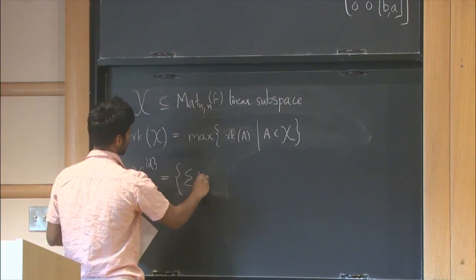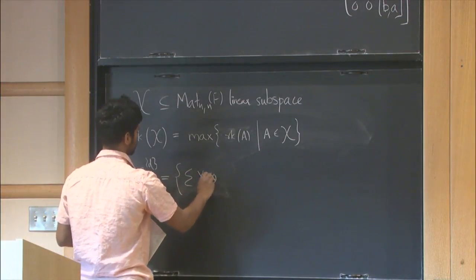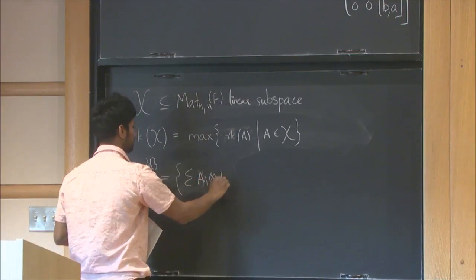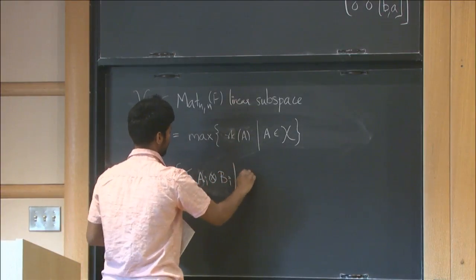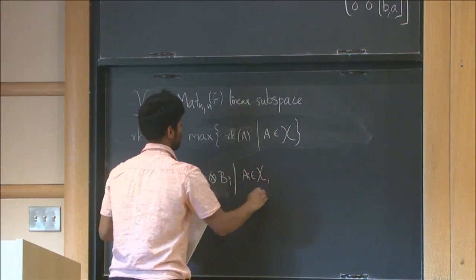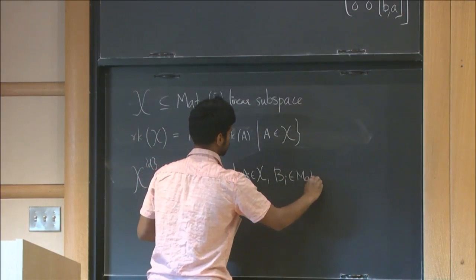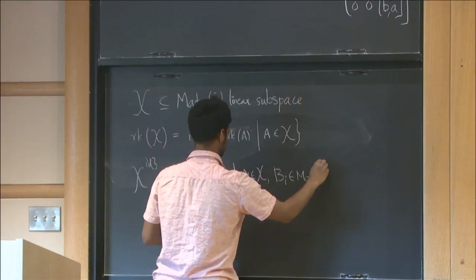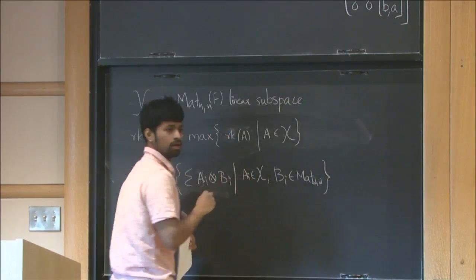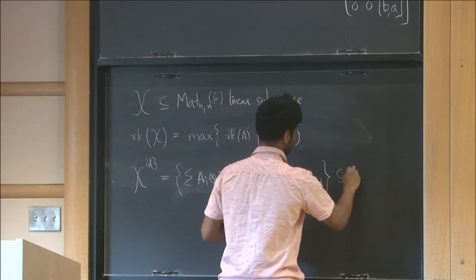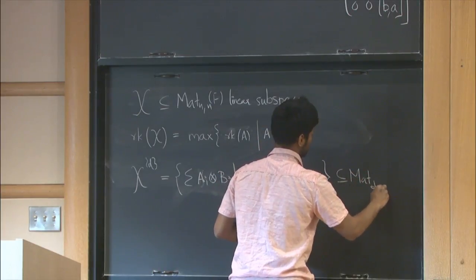The first is you take the sum of ai tensor bi, where the ai's come from the subspace, and the bi's are any d by d matrices you like. This is a subspace of dn by dn matrices.